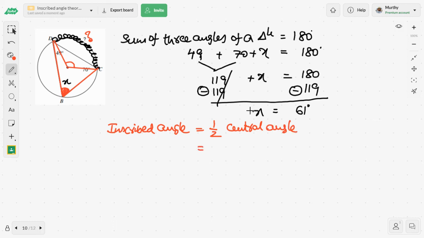I found the value of x, which is the inscribed angle. The value of x is 61. Therefore, this value goes here: 61 degrees equals half of the central angle.